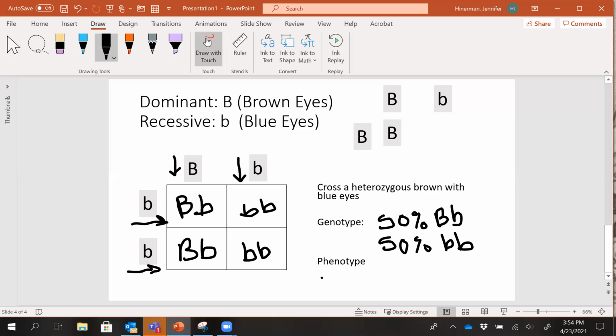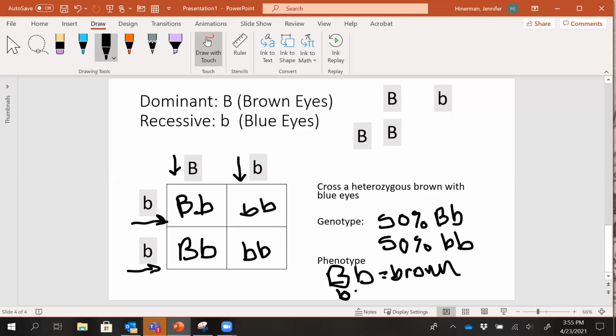So with these parents, they have a 50% chance, 2 out of 4 chances, of having a baby with brown eyes, big B, little b equals brown. And they have a 50% chance, 2 out of 4, of their baby having two little b's, which codes for blue eyes.